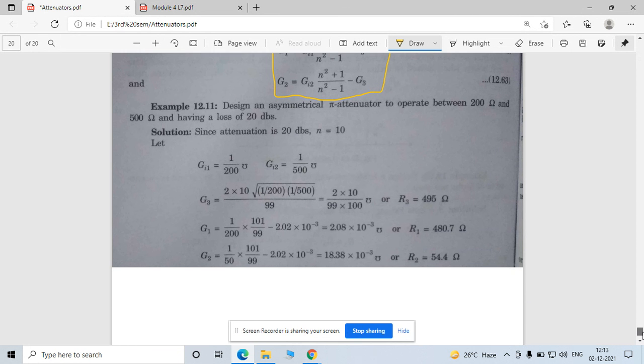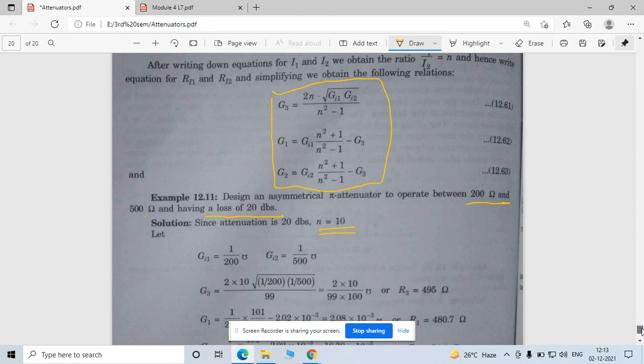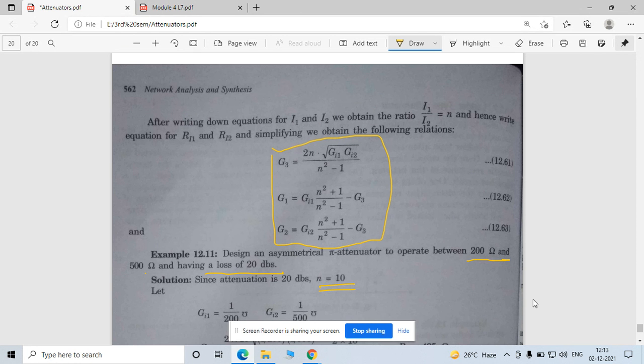Okay. So an example is also given here on the basis of this. Design an asymmetrical pi type of attenuator to operate between 200 ohm and 500 ohm, having a loss of 20 decibel. So this attenuation is given to you, right? With the help of this, you can find the value of n. Now see, here the conductance is needed, and resistance is provided in your question.